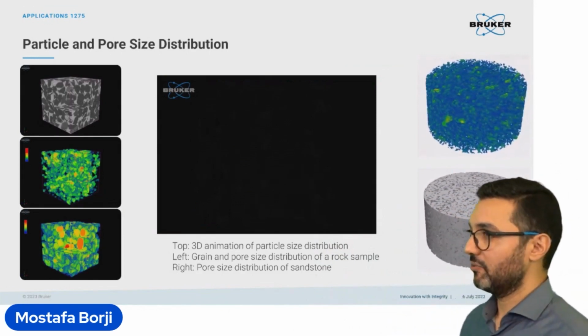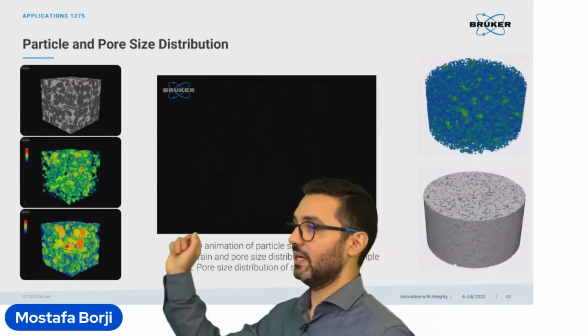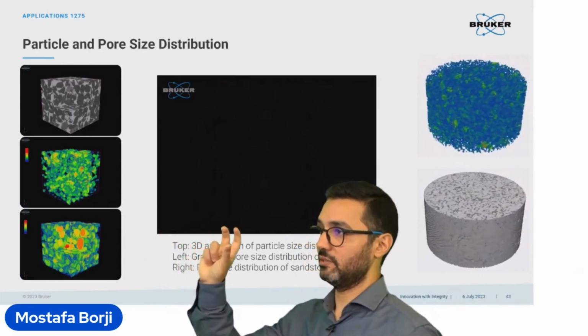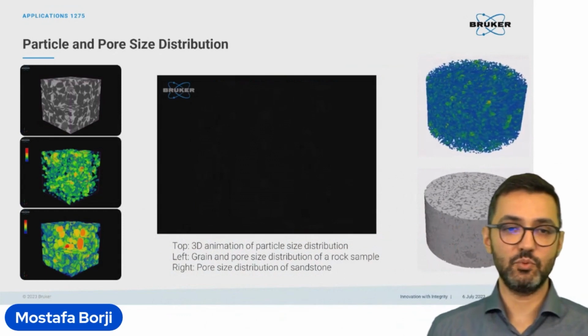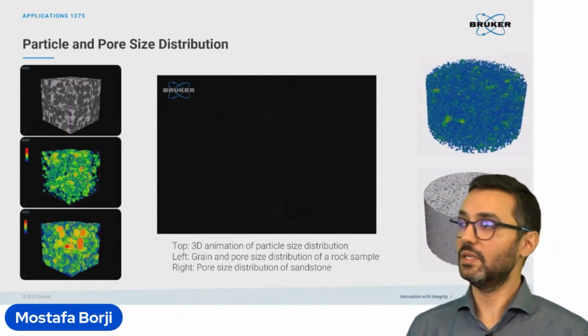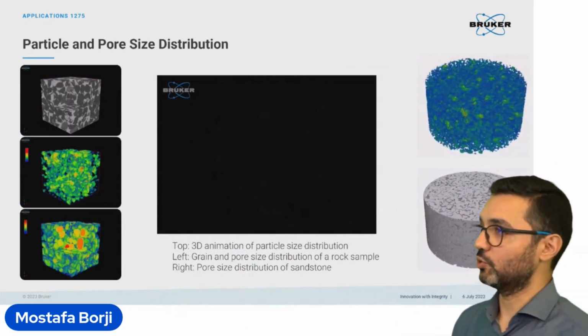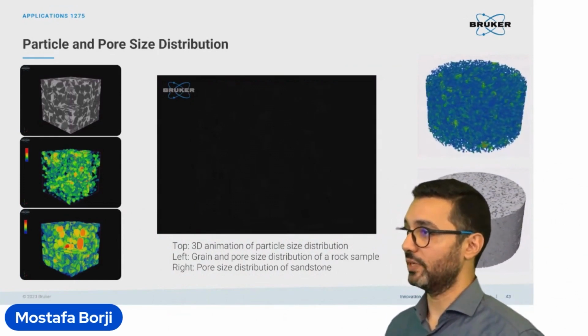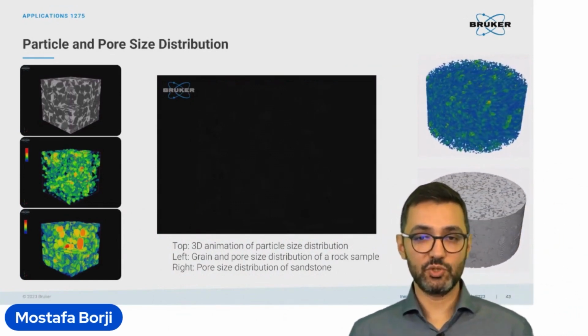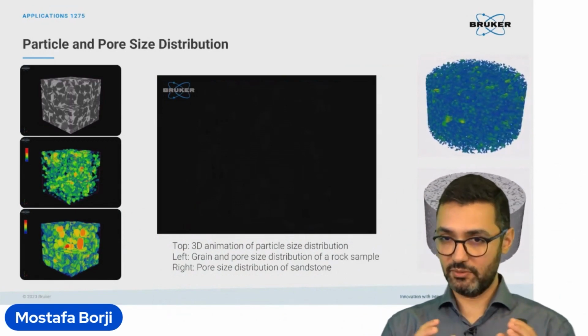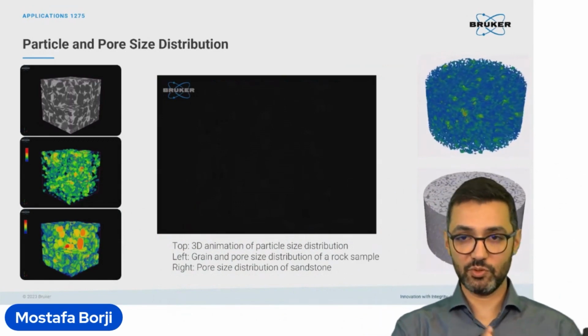Here we have a region of interest inside a sample. The darker parts show the pores, and the brighter ones show the grains, and we can run the analysis of the size distribution on both of these two features, not only pores, but also the grains.